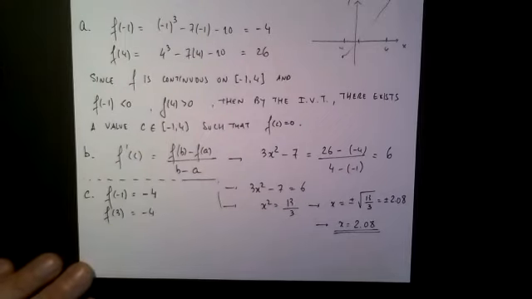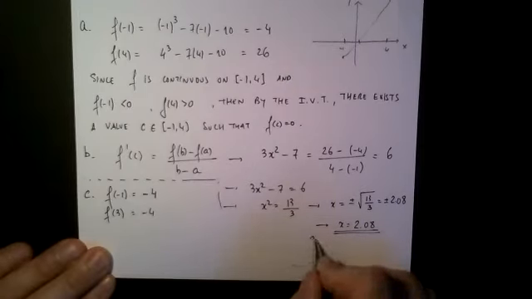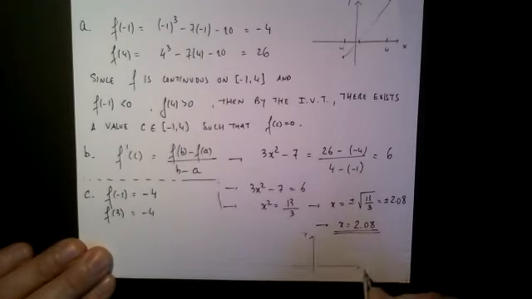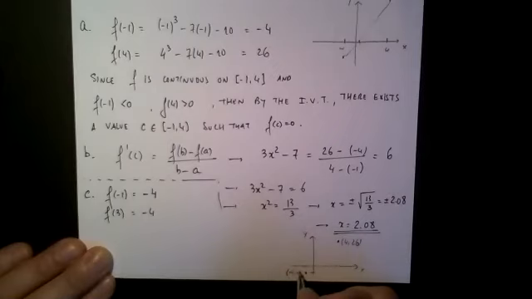So just one second here, if I'm to express what just happened here. So -1, -4, and 4, 26. And the function is like this.